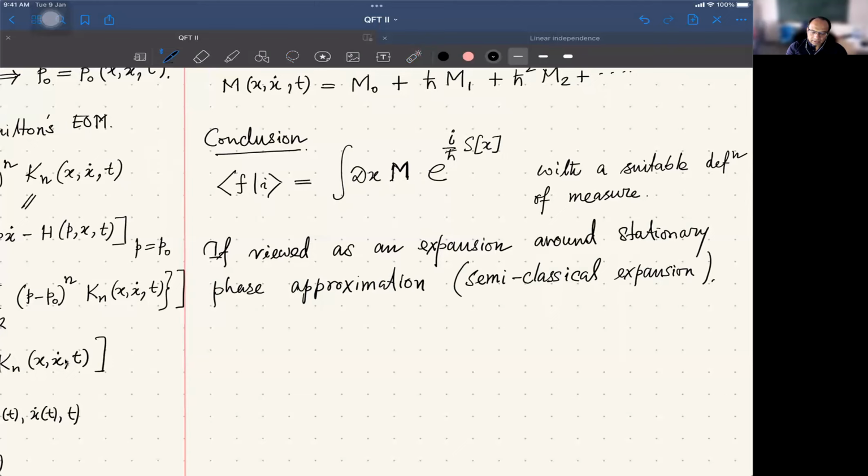And then if you view it as a semi-classical expansion, there are two sources of quantum corrections.